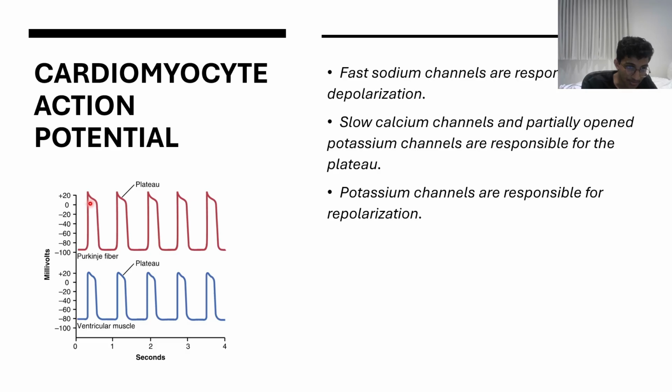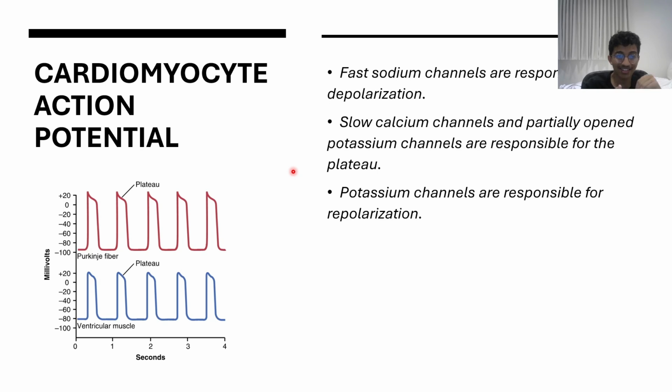Okay, there's a plateau. What causes the plateau? There's basically no significant change in membrane potential. Slow calcium channels allow influx of calcium ions into the cell, while some potassium channels are open and they allow efflux of potassium. So calcium going in, potassium going out.